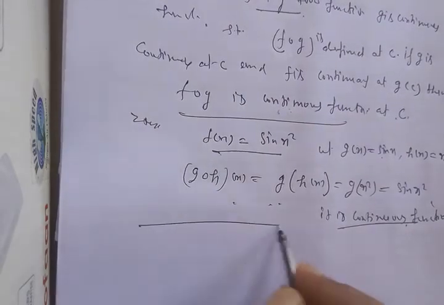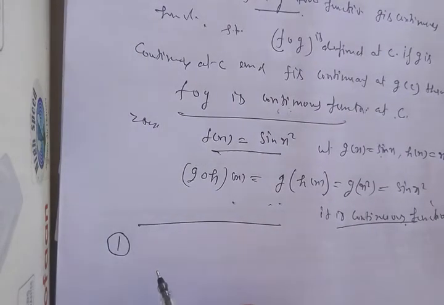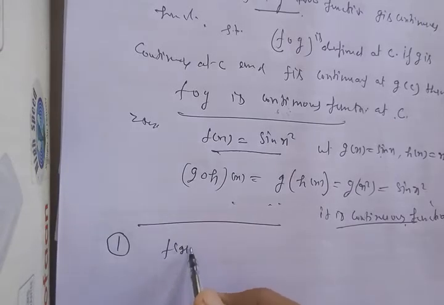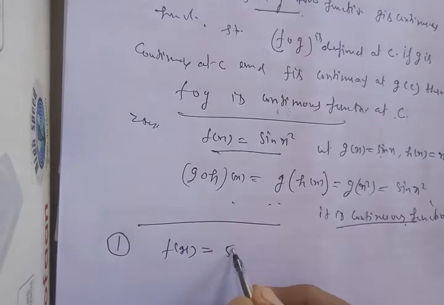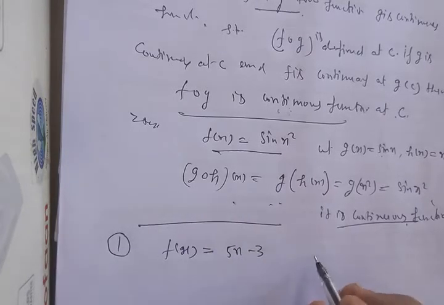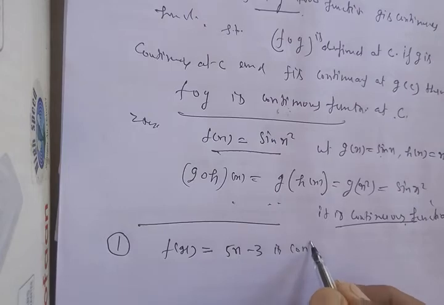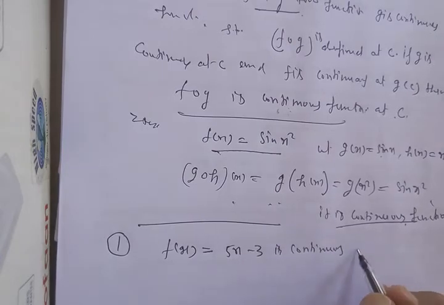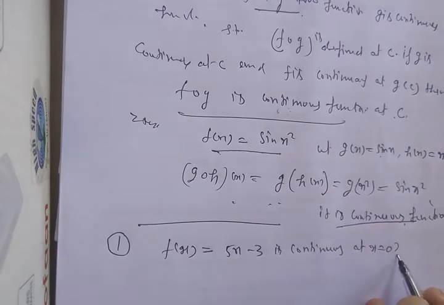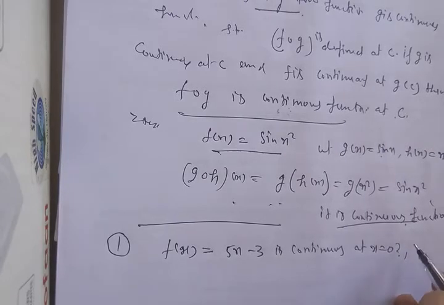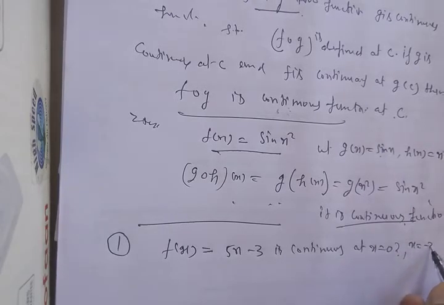And now exercise question number 1. Prove that the function 5x minus 3 is continuous at x equal to 0, x equal to minus 3 and x equal to 5.